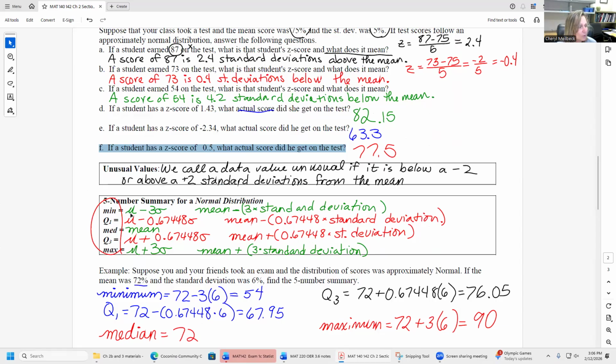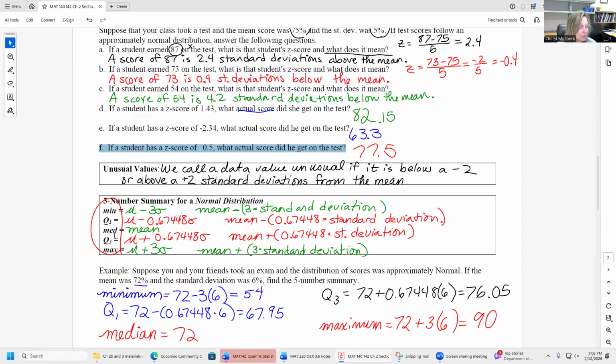To find the minimum, we say that it's 3 standard deviations below the mean. So the calculation is to take mu minus 3 sigma, or the mean minus 3 times the standard deviation. To find the 25th percentile, Q1, we take the mean minus 0.67448 times the standard deviation. That's a calculation that's going to give us the 25th percentile.